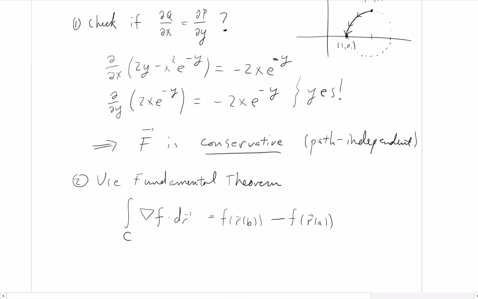So if r is the parameterization for the curve C, and the parameterization goes from t equals a to t equals b, then you just plug in the endpoints into the function f and subtract.